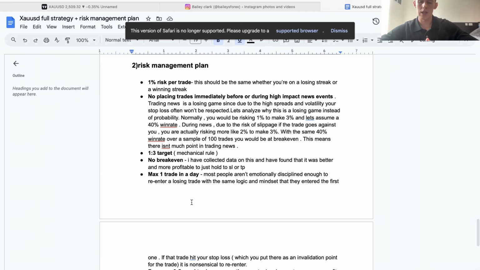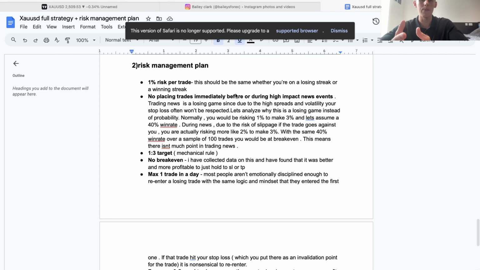But yeah, you don't want to have price activate your limit during a news event because, like I've explained here, news trading is simply a losing game because even if you win the trade, your risk to reward ratio becomes such that over a large sample of trades, you aren't going to be profitable.